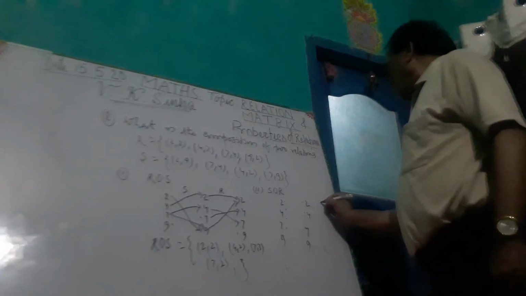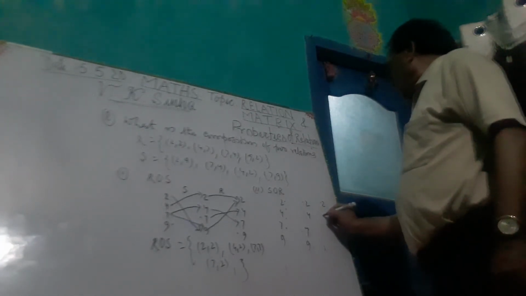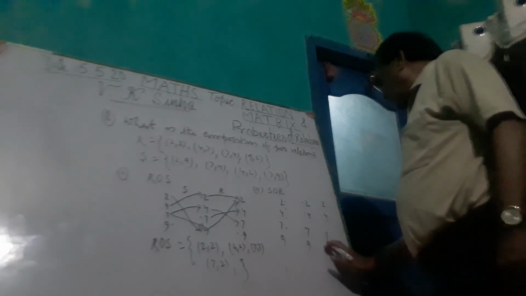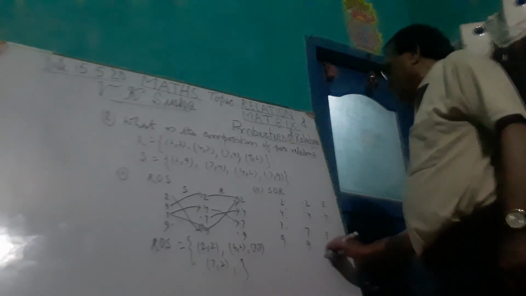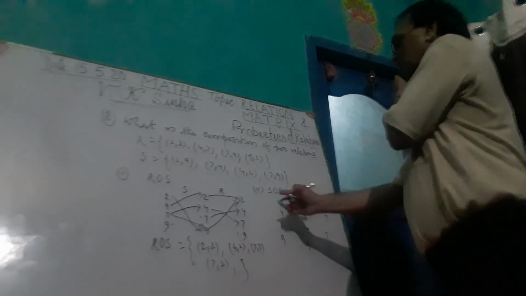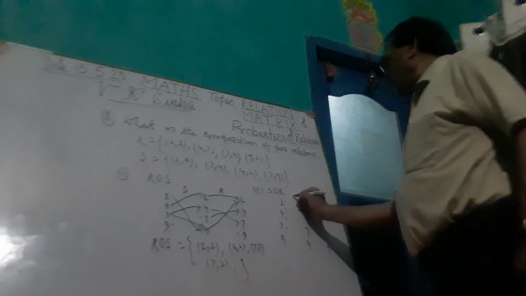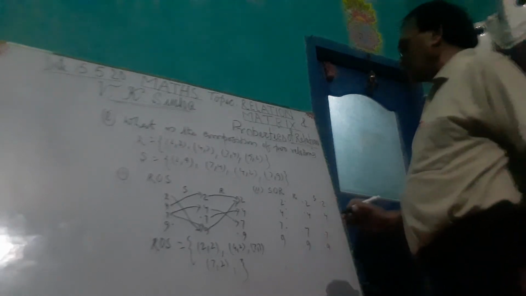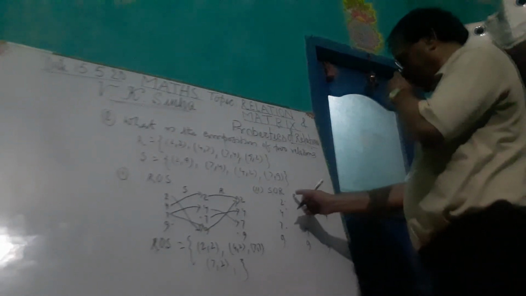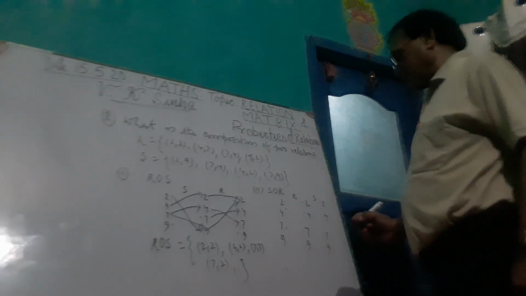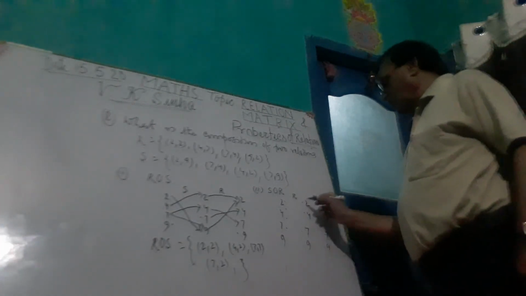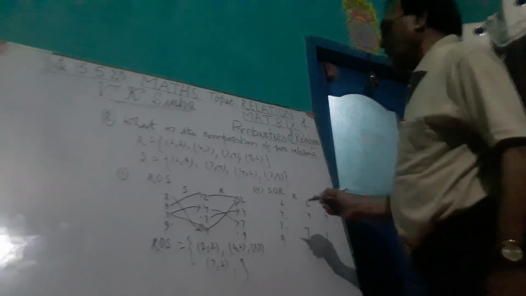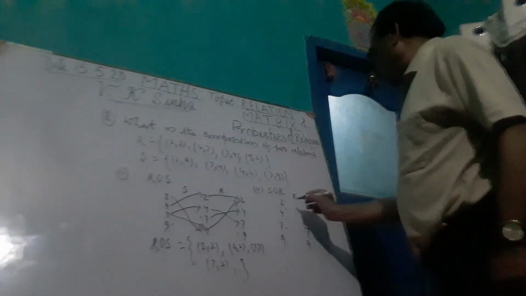Also write here 2, 4, 7 and 9. And this is SOR, so write R first and S second. So we write the elements of R with connected arrows. The element of R is (2, 2). So 2 is connected.